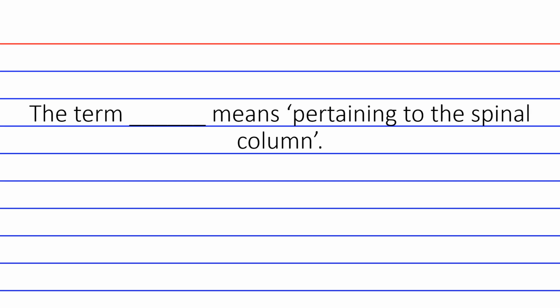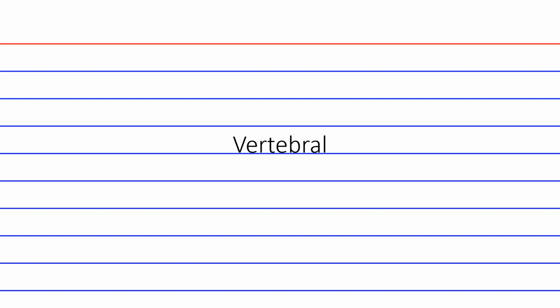This term means pertaining to the spinal column. The answer is vertebral, right? The spinal column is made out of your cervical, thoracic, lumbar, and sacral vertebra, and so that is your vertebral region.